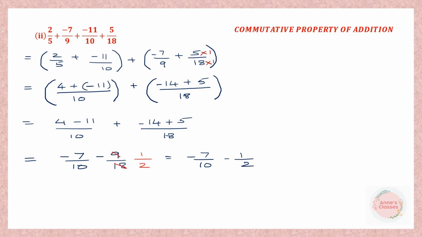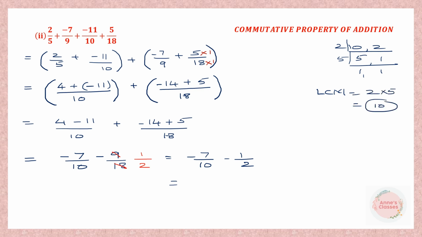Now we have to solve this. Now this has made it easier for us, isn't it? Now let's find the LCM of 10 and 2. Let's take 2. 2 5s are 10 and then 1. Continue with 5 this time. 5 ones are 5. Now LCM is equal to 2 into 5, which is 10. Wherever you can make it easier, you can do that.